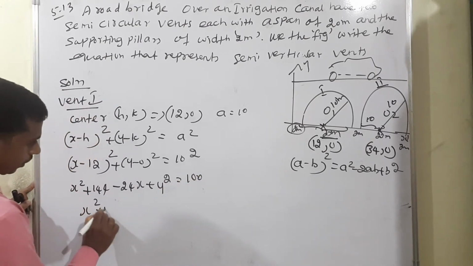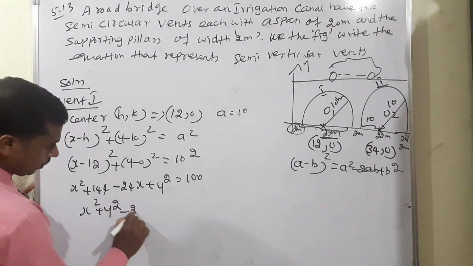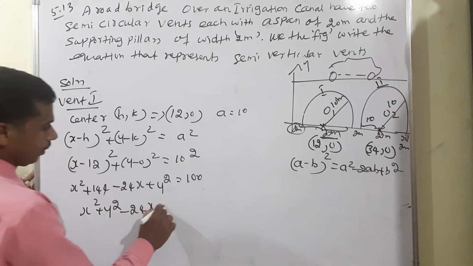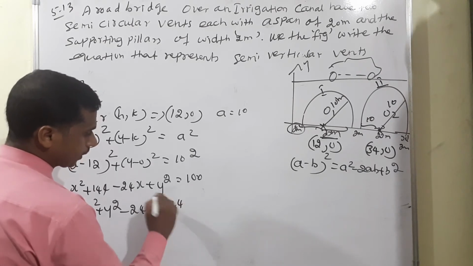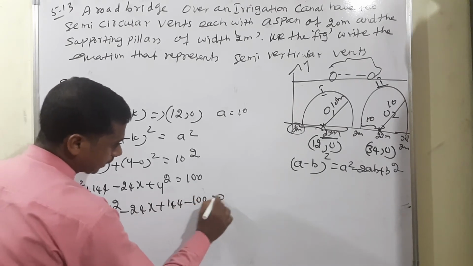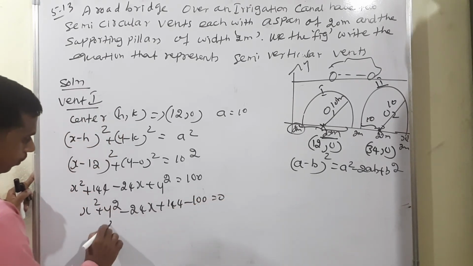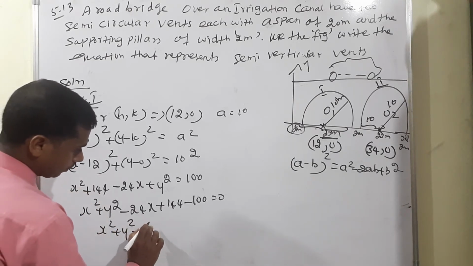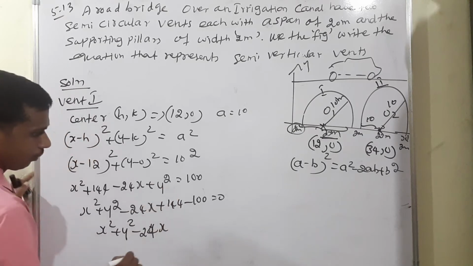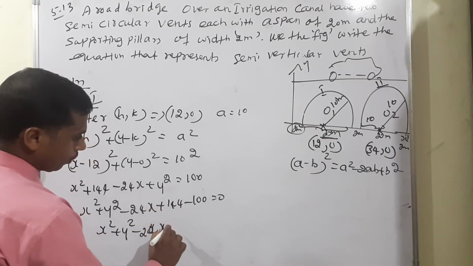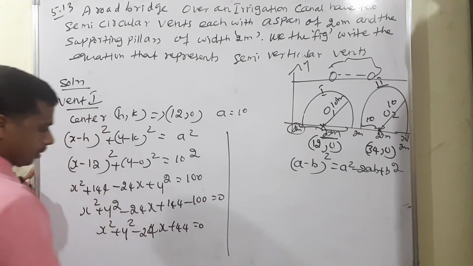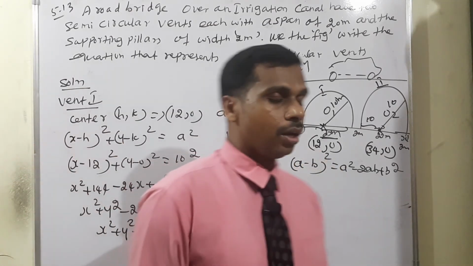Starting with x square plus y square minus 24x, there is no coefficient of y, then plus 144, and bringing the 100 to the opposite side, minus 100, is equal to 0. Therefore the vent 1 final answer is x square plus y square minus 24x plus 44 is equal to 0. This is vent 1, center 12 comma 0.